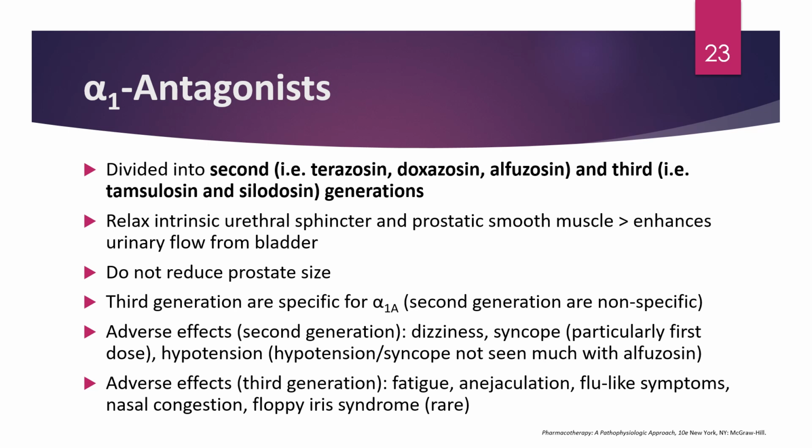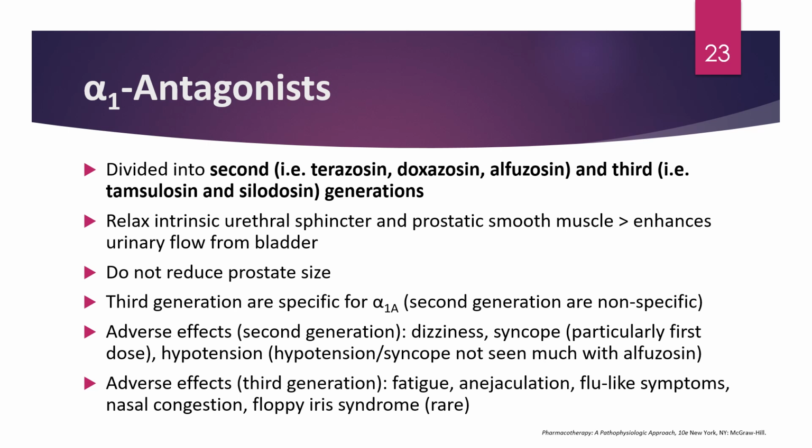So as a result of having alpha-1 receptors in multiple places in the body, if you give a non-specific agent, such as those of the second generation, we're going to see adverse effects more so with those agents. And because we have alpha-1 in the vasculature, we're going to particularly see hypotension.